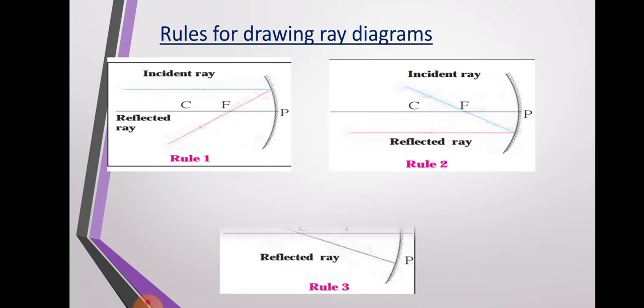This is the second rule. And the third rule is, when the incident ray passes through the center of curvature C, then the reflected ray travels along the same path. It doesn't change its direction, it goes back along the same path. So these are the three rules.